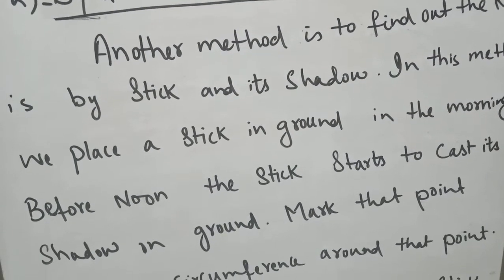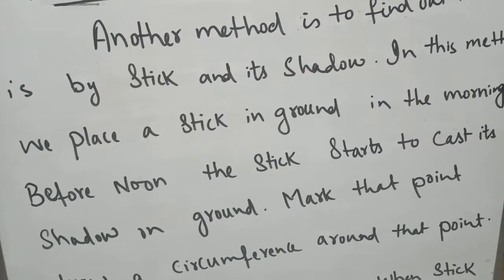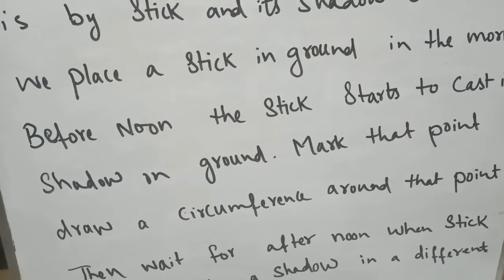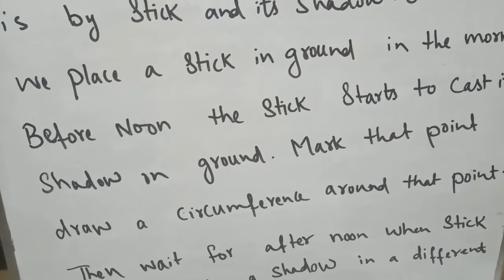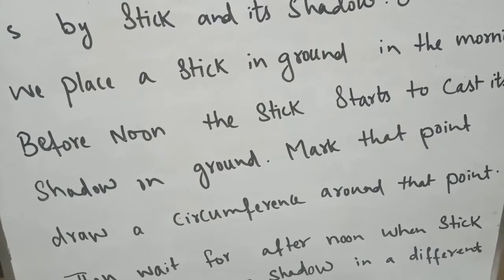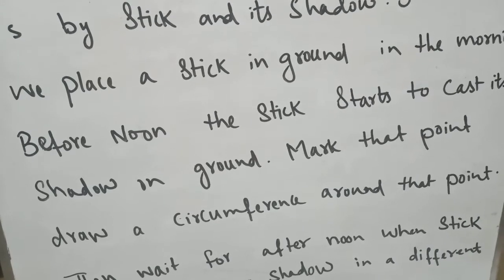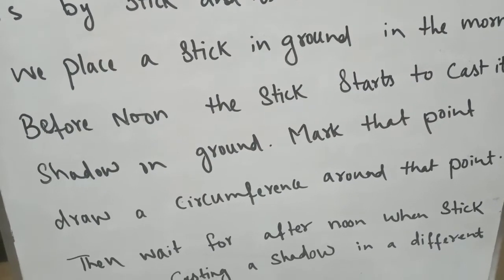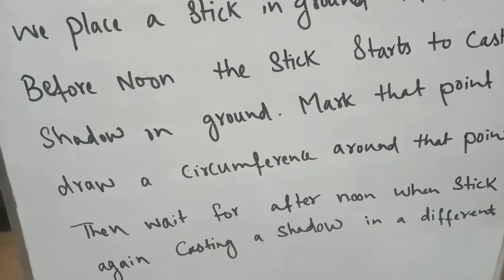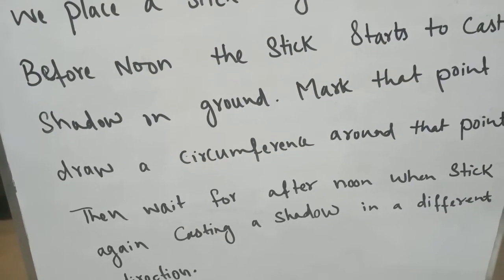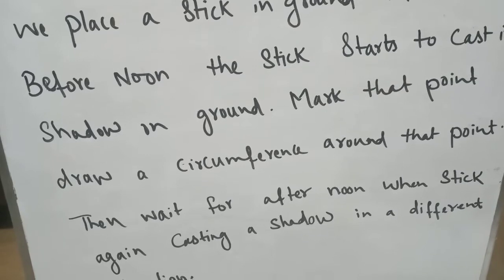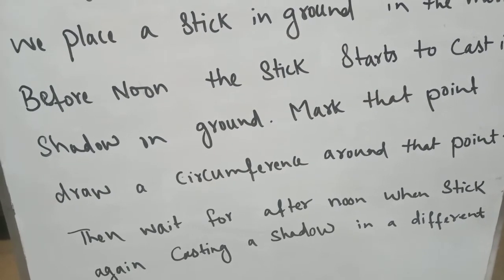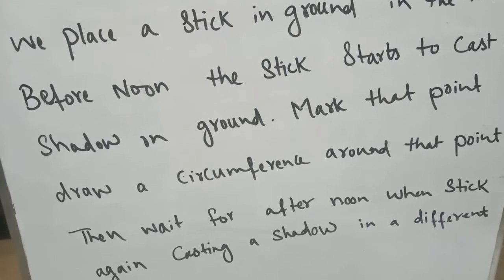You need to mark that point and draw a circumference around that point, which will make a circle. Then you wait for another time period, obviously the afternoon, when the stick again starts to cast a shadow, but now the shadow will be in a different direction. What have we observed in this method?